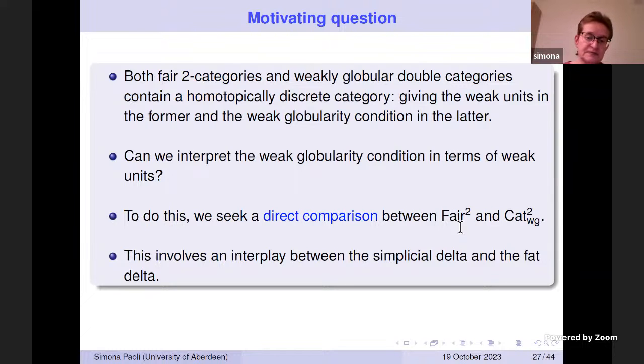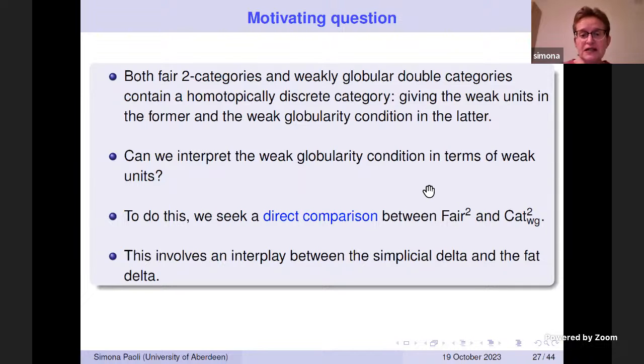And the reason why I was interested in answering this question in dimension 2 is that my interest is to answer this in dimension n, for the reason that I will tell you towards the end of the talk. It turns out that just doing this in dimension 2 is far from easy, and it involves a subtle interplay between the simplicial delta and the fed delta.